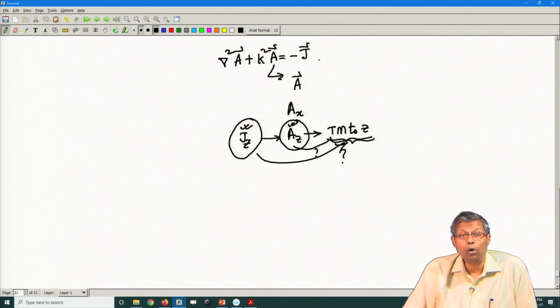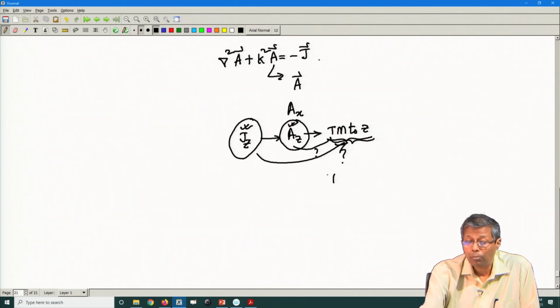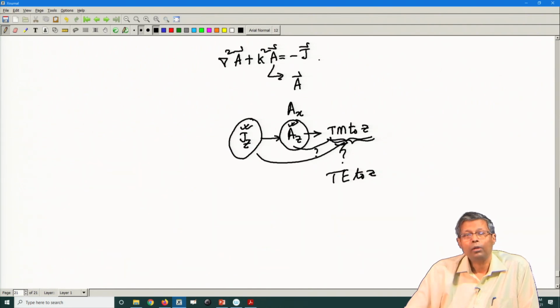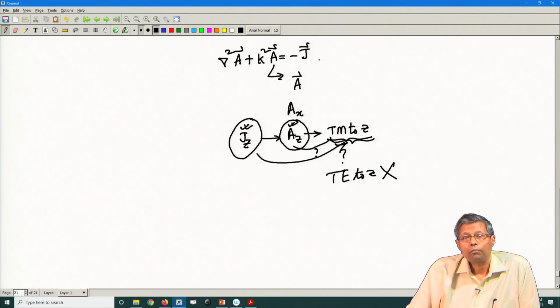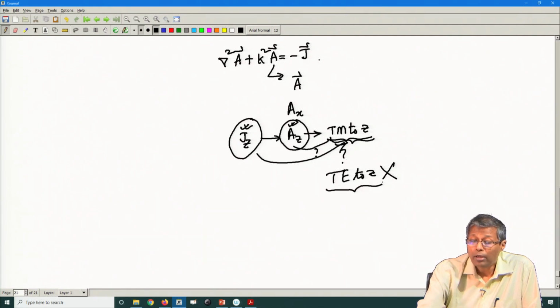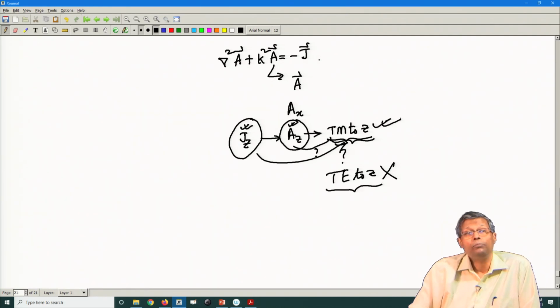So, I need not compute the amplitude of the TE to Z mode if J is Z directed. So, this need not be computed. I get away by computation of only the TM to Z mode.